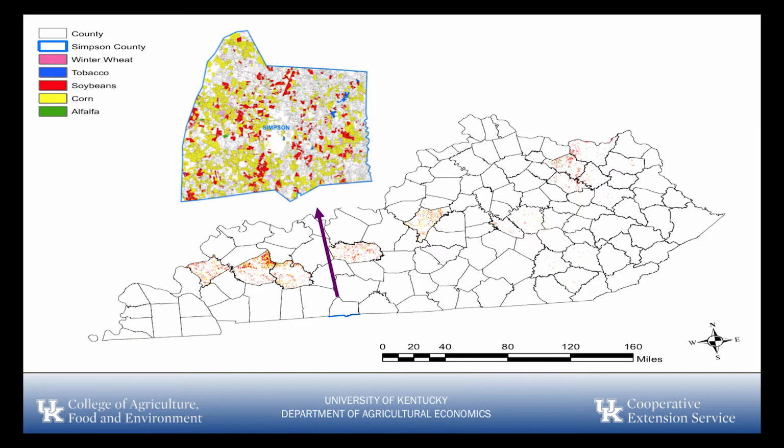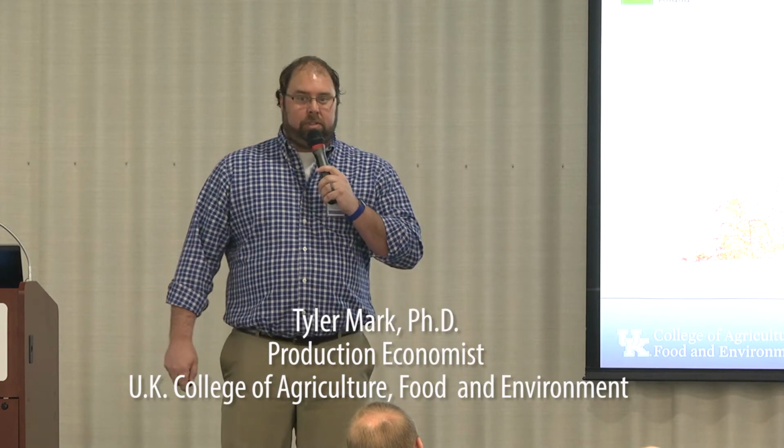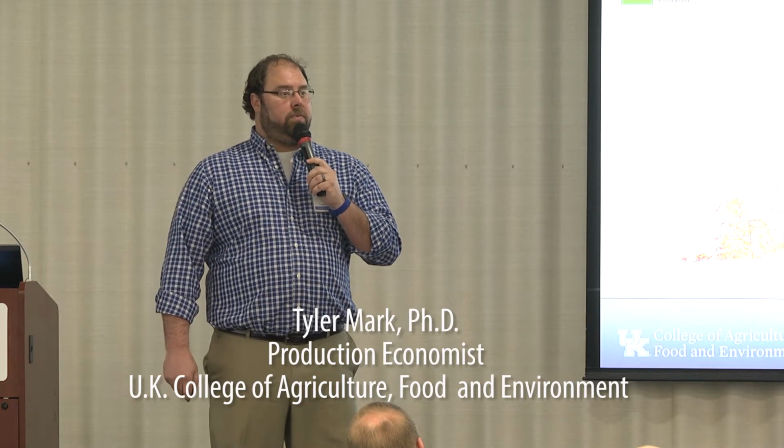But one thing I'm hoping some of the research in this room is going to lead to is, where does hemp fit in the rotation, right? The reason I say that, and I think it may become even more evident or needed in the future, is that as we continue to have budgetary issues at the federal level, potentially our safety nets continue to come down, producers are going to continue to look for other crops to fit into that rotation to help with diversification.